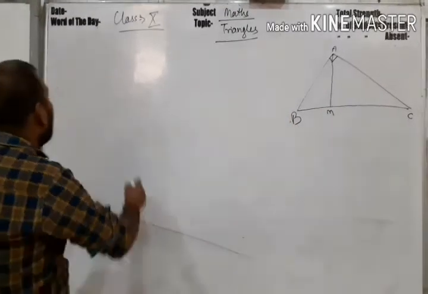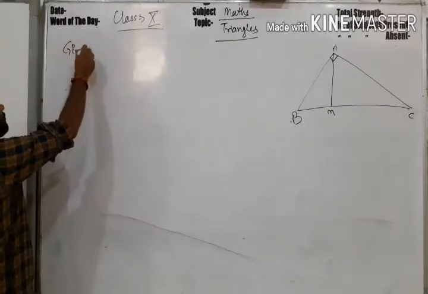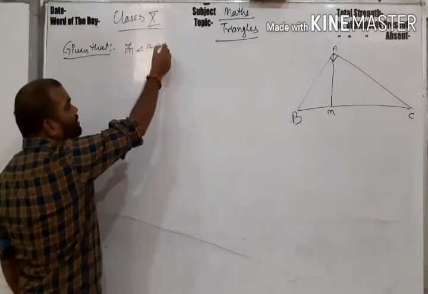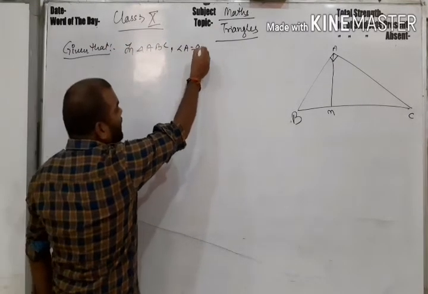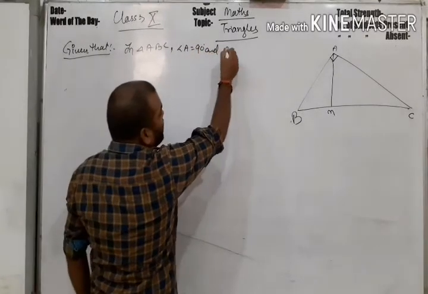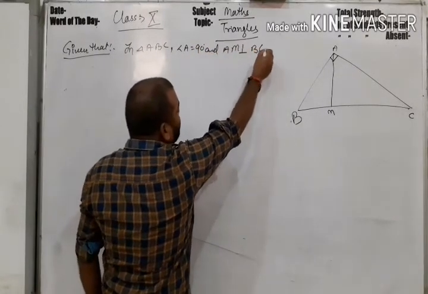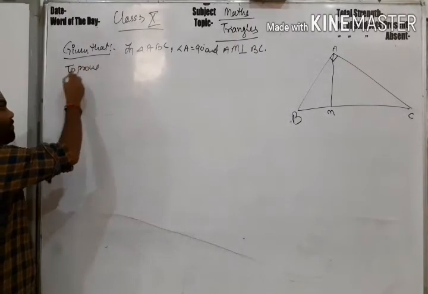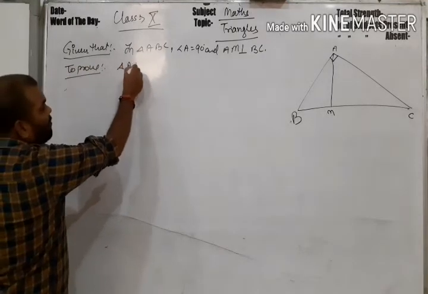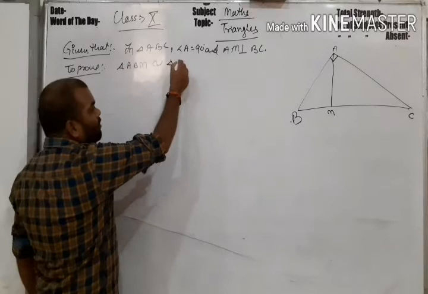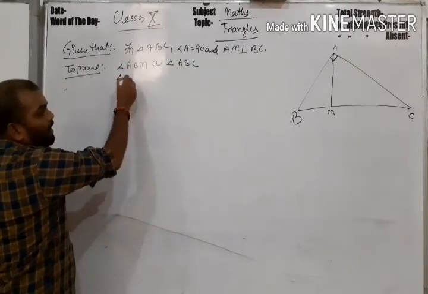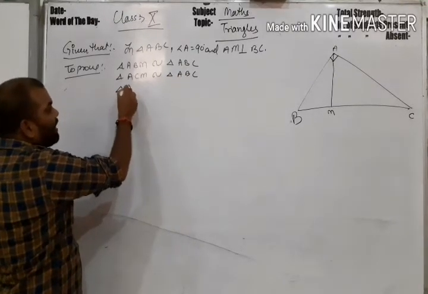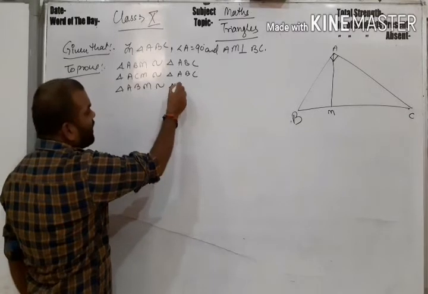Means we are given that in triangle ABC, angle A is 90 degree and AM is perpendicular to BC, okay? And we have to prove triangle ABM is similar to triangle ABC, triangle ACM is also similar to triangle ABC, and triangle ABM is similar to triangle ACM.